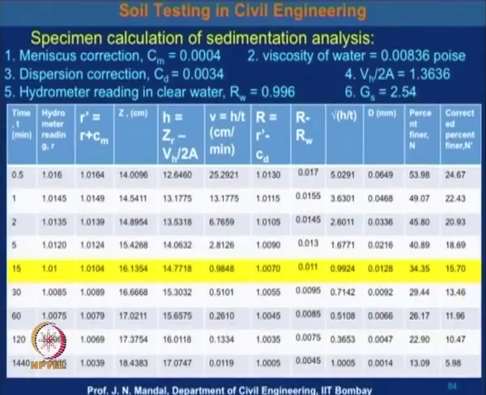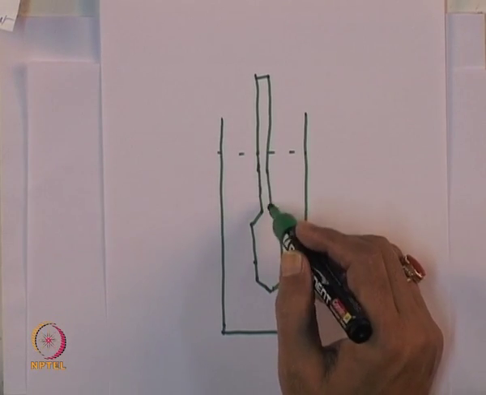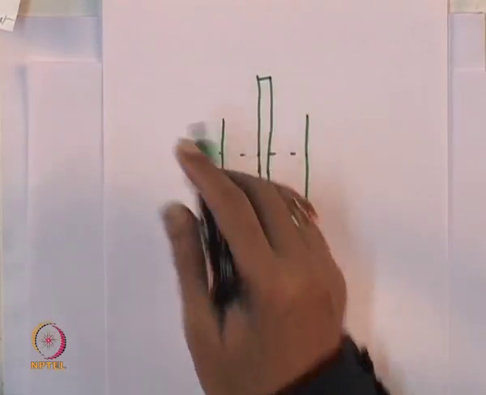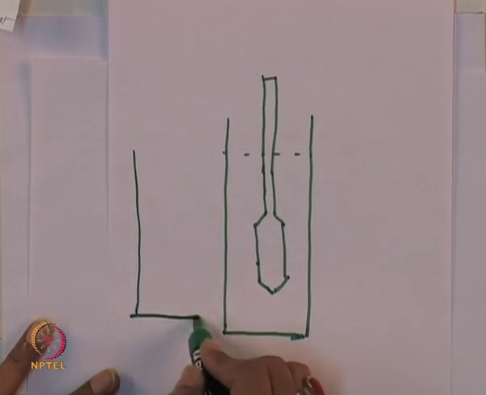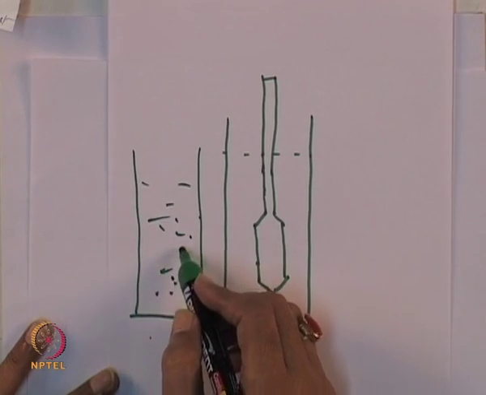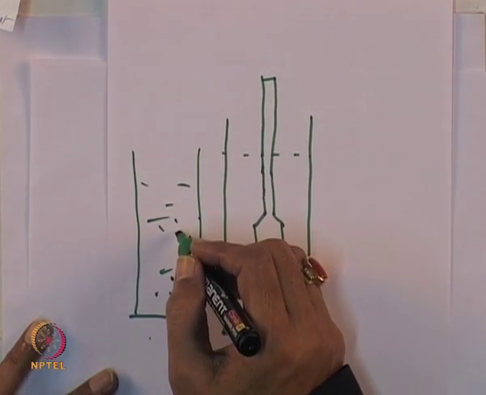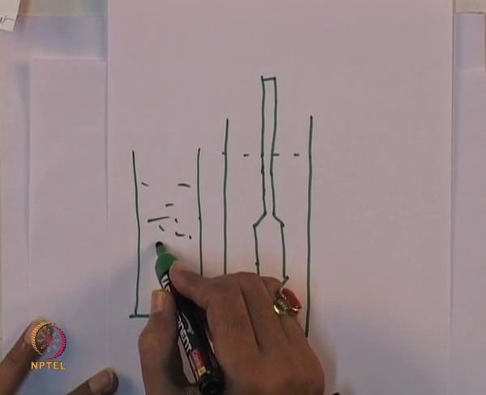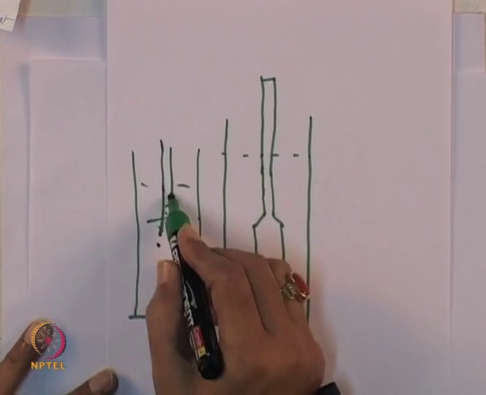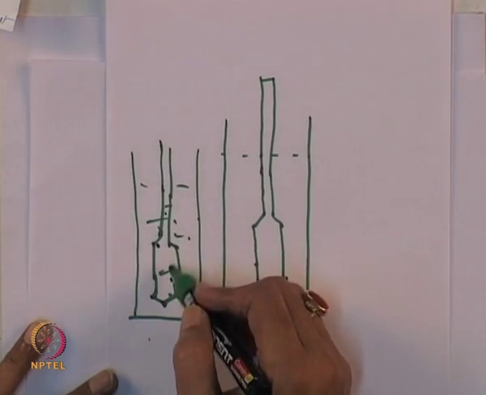You should remove this hydrometer without disturbing the suspension, and place it in the neighboring cylinder, in which only distilled water should be there, and arrange it by a twisting motion, to remove any soil particle that may have settled on it.